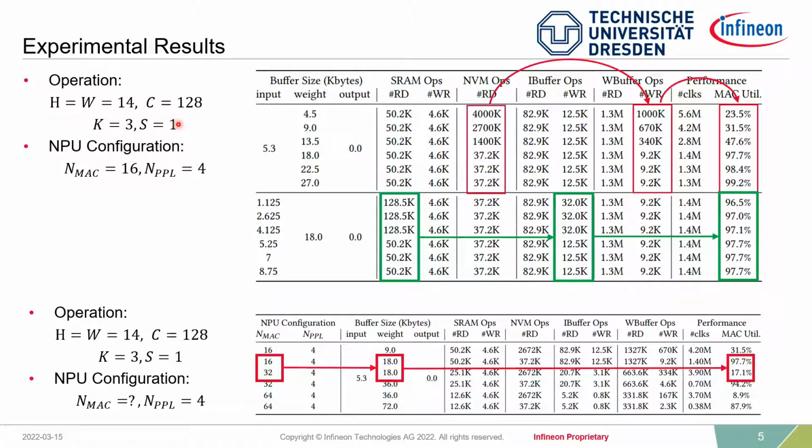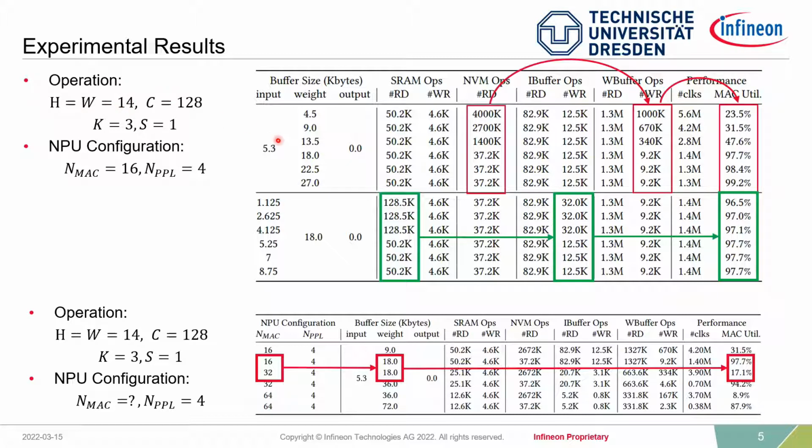And in this slide, we show how different combinations of resources affect the final performance. For this table, we first fix the NPU configuration, the number of MACs and the number of PBLs, and then this example is executing this operation.